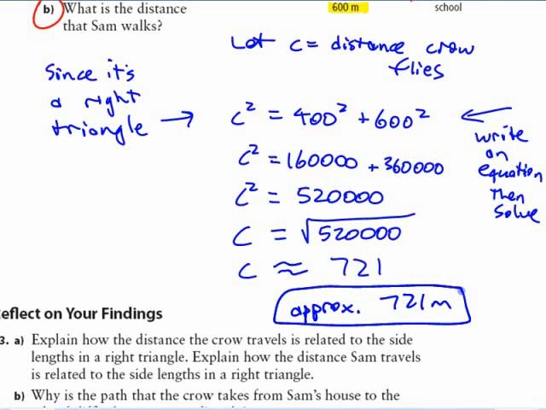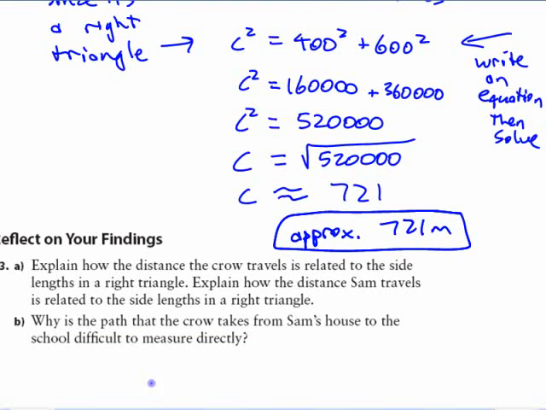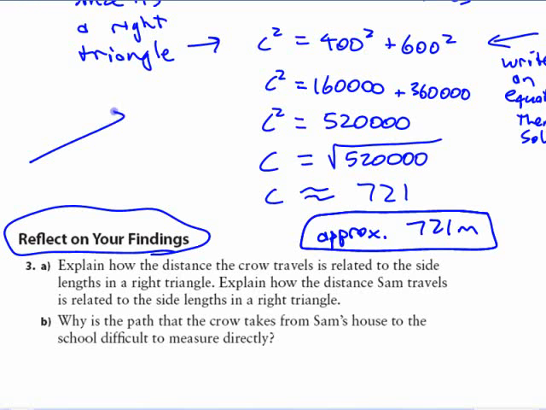Okay, that's using the Pythagorean theorem. I'm hoping that you are able to do this. When you went through and looked at the reflect on your findings, this is asking you to think about what's involved here, what you did, how it applies to what's going on here. Explain how the distance the crow travels is related to the side lengths.